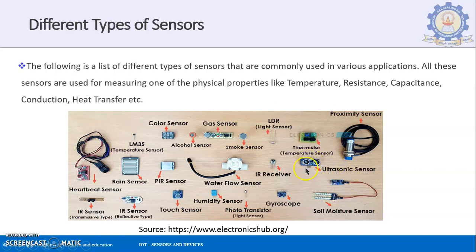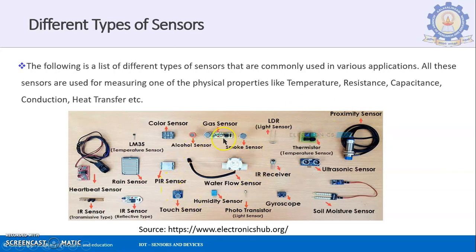You have the ultrasonic sensor, which works on the principle of a bat: a signal is transmitted and received back, and the time taken is used to analyze the distance between the object and the sensor. You have the IR receiver, and the thermistor, which is used for measuring temperature. And lastly, the proximity sensor, which is used for detecting movement.